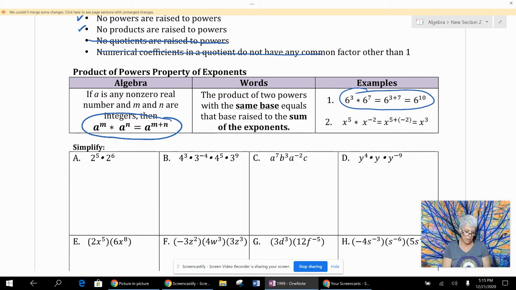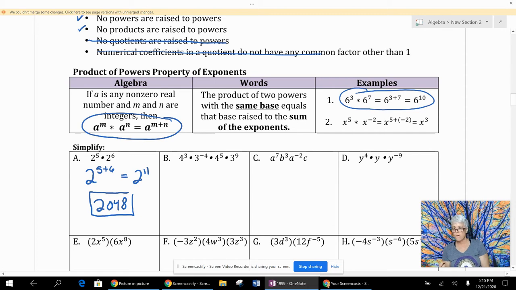For example A, it'd be like taking the 5 and the 6 and just adding them, which would make it 2 to the power of 11, which if I worked out would be 2048. I can do that because the bases are the same. But in the next example, we have 4s and we have 3s. So I'm going to combine the 4s and I get 4 to the power of 8.